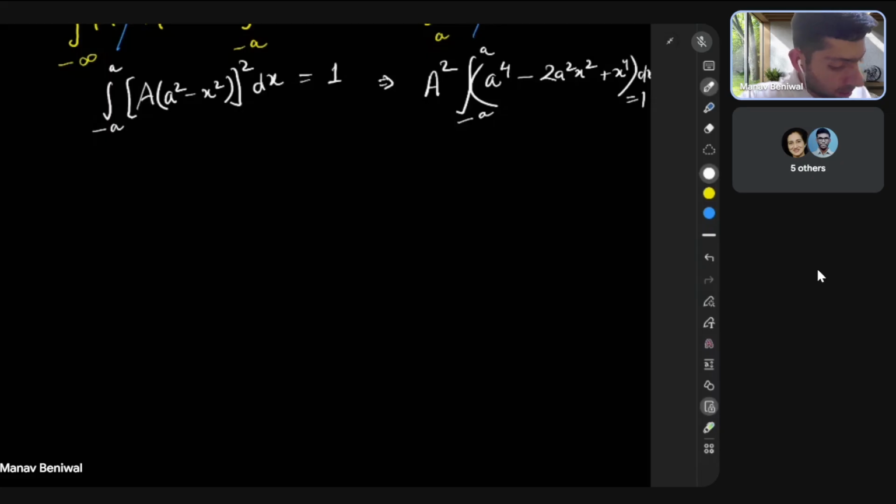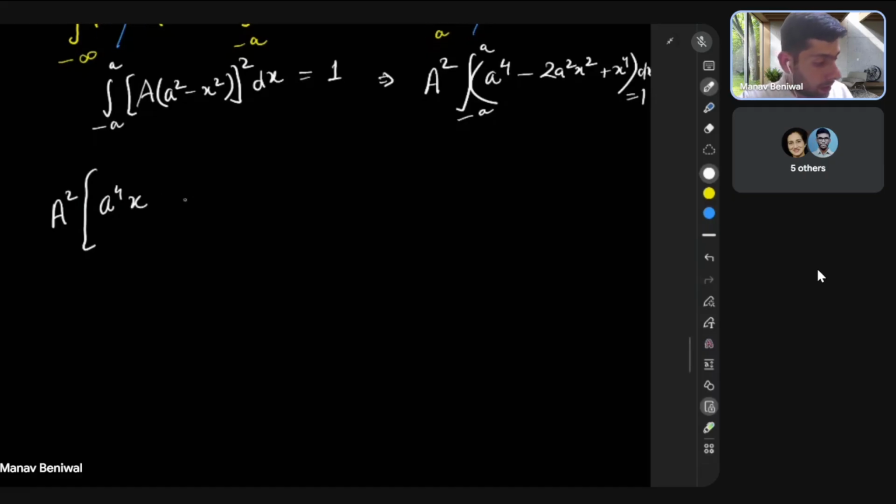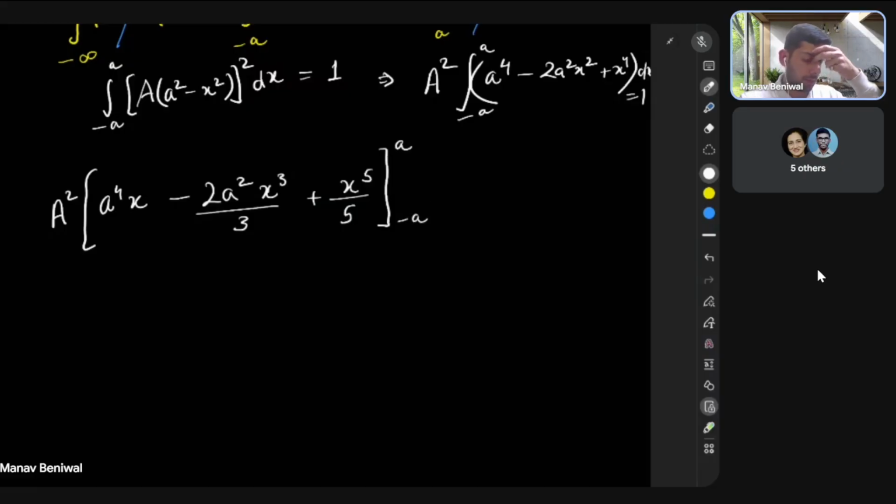The first term is a constant, a to the 4, and integral dx gives us x. For the second, 2a squared is constant, and integral of x squared gives x cubed over 3. For the final term we have x to the power 5 over 5, with limits going from minus a to plus a, and this entire thing equals 1.